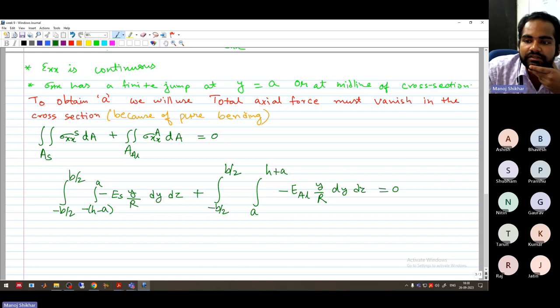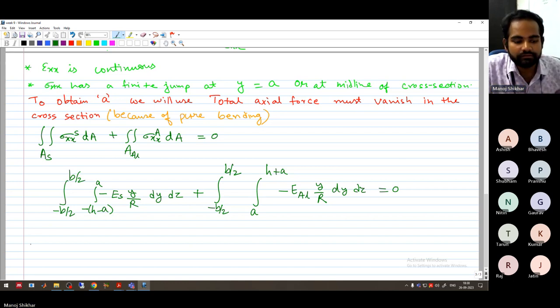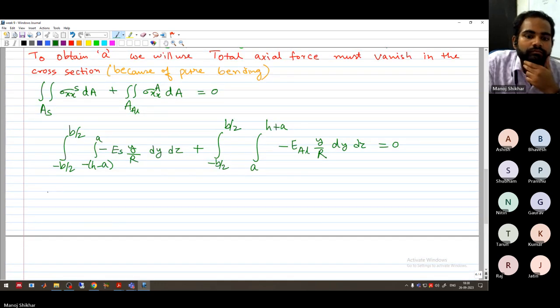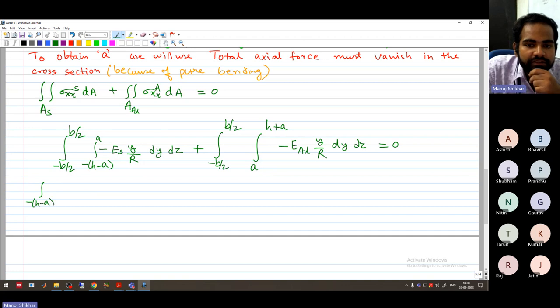Since the terms do not depend upon z, we can remove the z integral because that will give us a constant b. And since E steel and r are constant, we can remove those also.